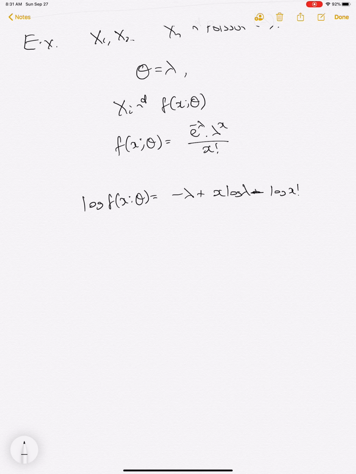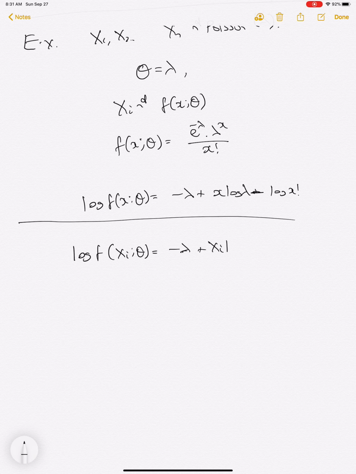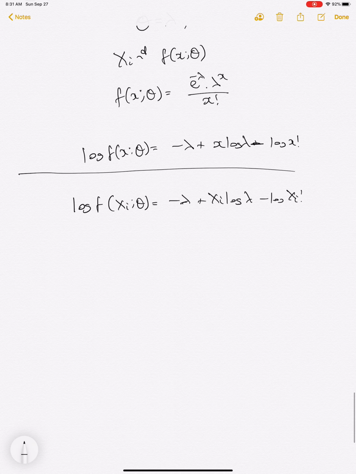Okay, and now we can certainly plug this in as a random variable. So we have that log of f of x_i given theta equals negative lambda plus x_i log of lambda minus log of x_i factorial, and we can take derivatives. We need to take the derivative twice.